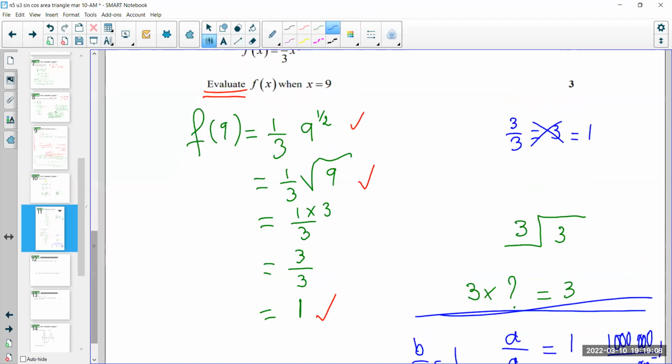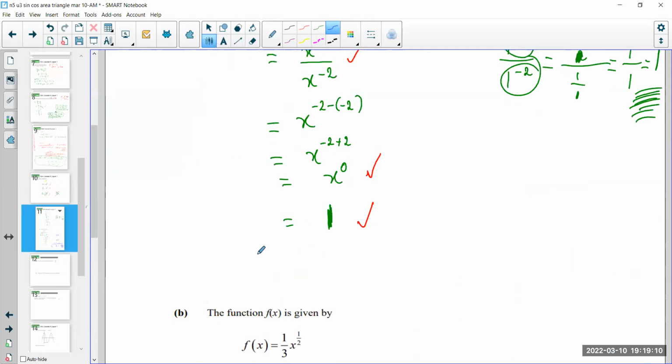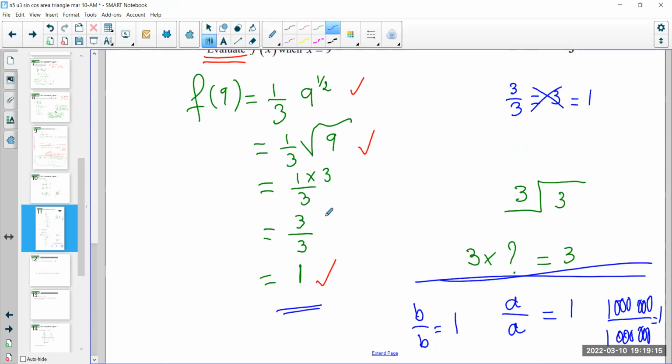We got 3 divided by 3, and we got x to the power 0. These need to be something that you learn now by heart. Anything divided by the same thing is always 1. If I've got a smiley face divided by a smiley face, what is that? 1. There you go.